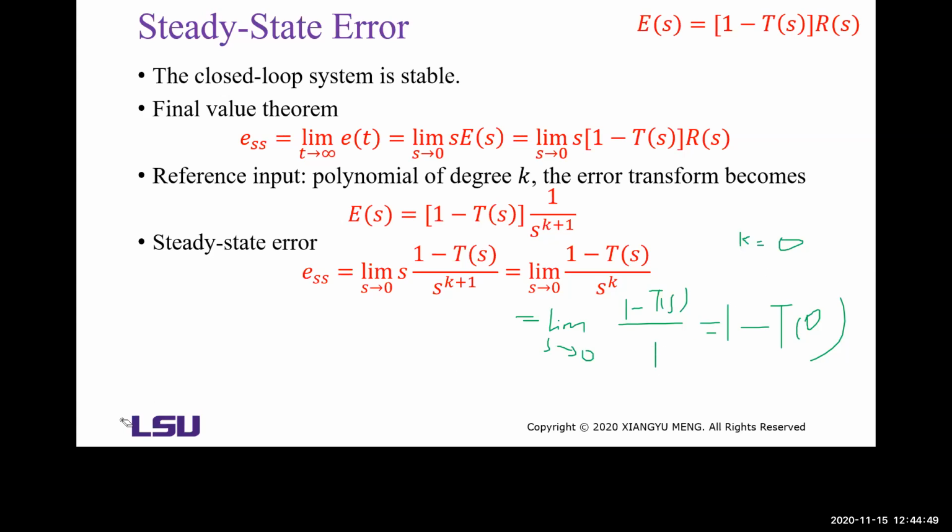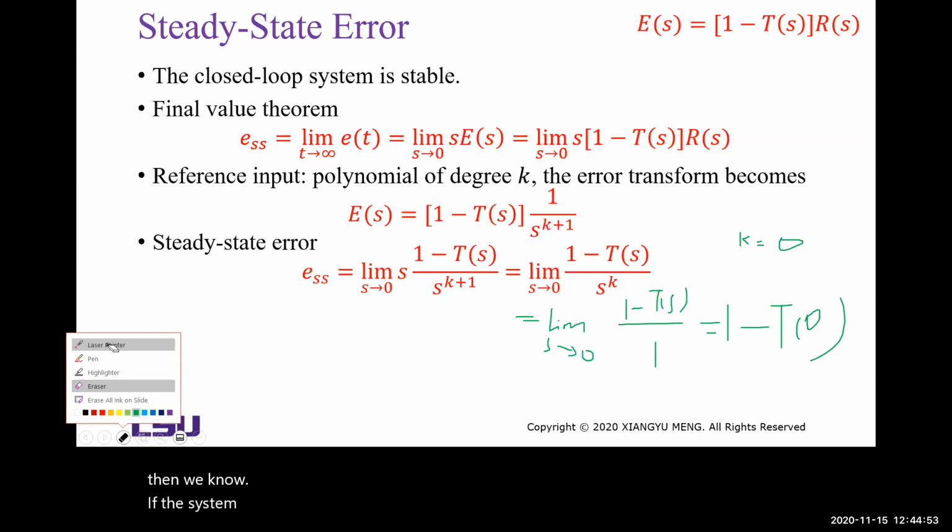Then we know if the system is stable, it can track a step signal with tracking error 1 minus T(0).